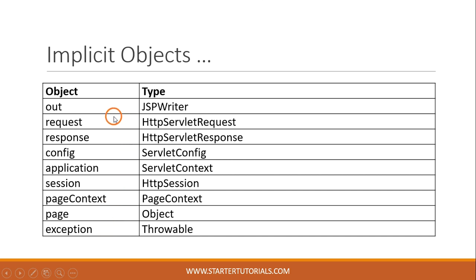In this program, I am going to use the implicit object called out. This out implicit object belongs to the class JSPWriter. Like that, every object belongs to some particular class or interface.